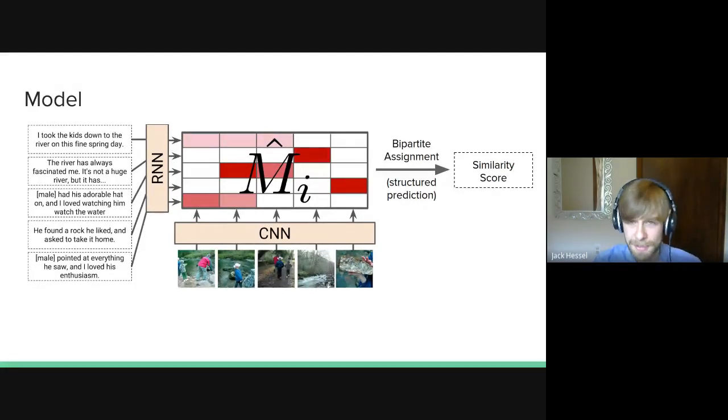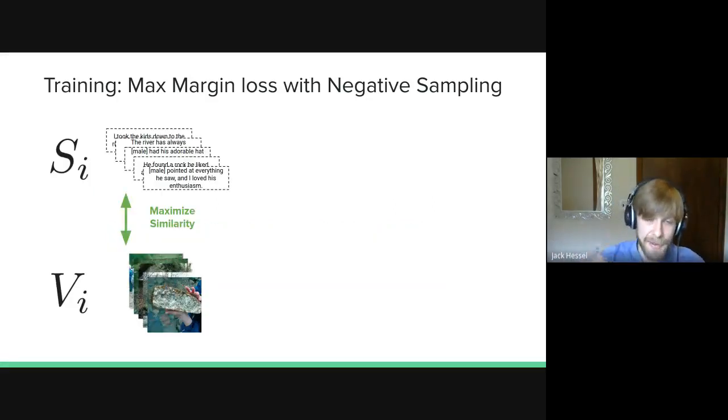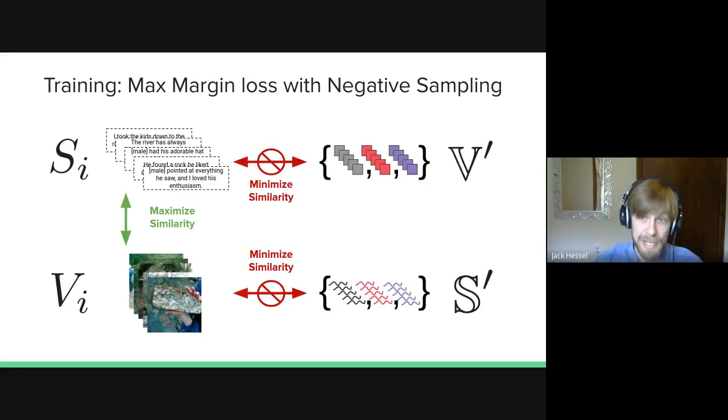But I will talk about the meta training process. So we have this similarity score assigning neural network. What are we going to do with it? Well, we're going to be training with max margin loss coupled with negative sampling. So the training process goes as follows. We're going to gather sentences and images that truly co-occurred within the same document. And we're going to try to maximize the similarity between truly co-occurring pairs, while simultaneously minimizing the similarity between negatively sampled image sets and sentence sets.